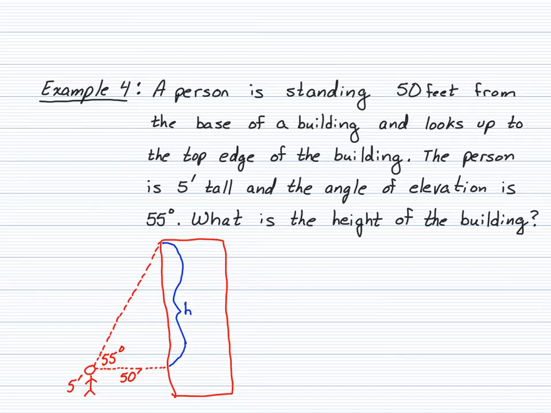So in this problem, we would use our tangent function. That's going to give us tangent of 55 is equal to h over 50, opposite over adjacent, which means h is equal to 50 times the tangent of 55.